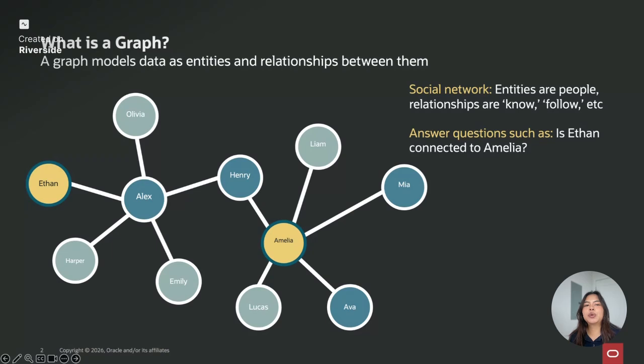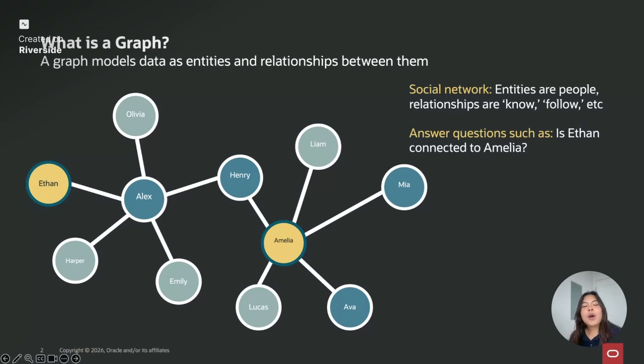We're also able to take a look at our data as a graph and answer other questions very quickly. For example, who are the important entities in our graph, or the important people in our network? We could answer this question super quickly, right? By just looking at our graph and identifying Alex and Amelia, who are connected to multiple people in our graph.